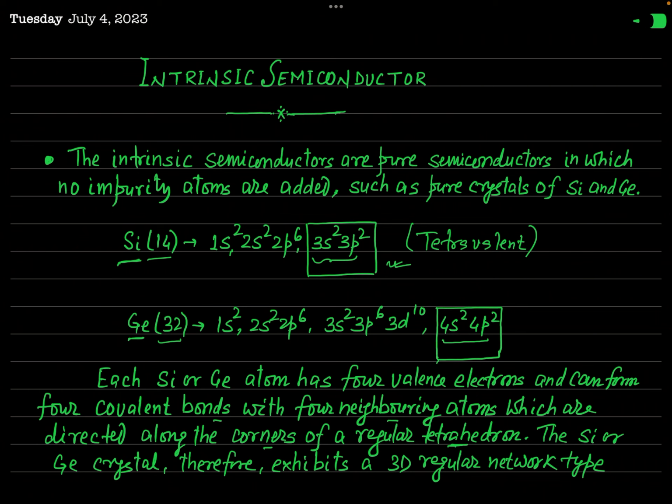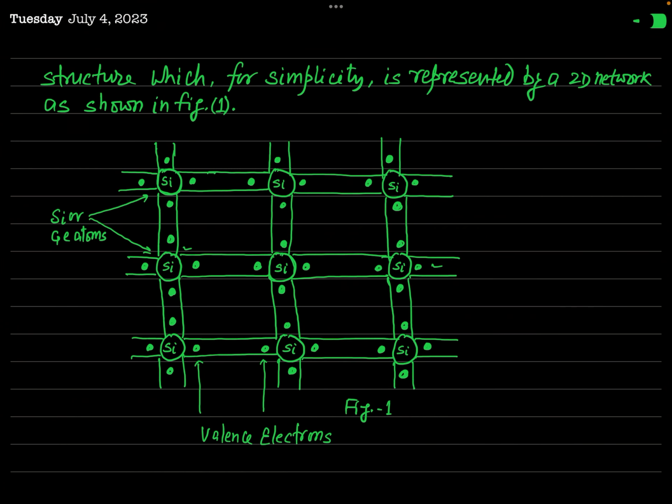The silicon or germanium crystal therefore exhibits a 3D regular network type structure. But for simplicity, I have shown here a 2-dimensional network to understand the bonding.